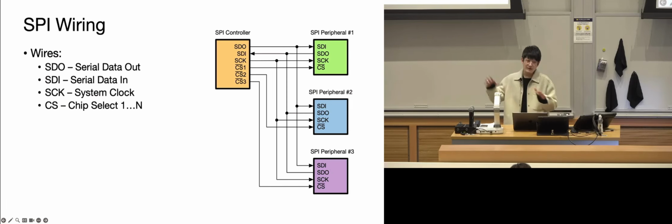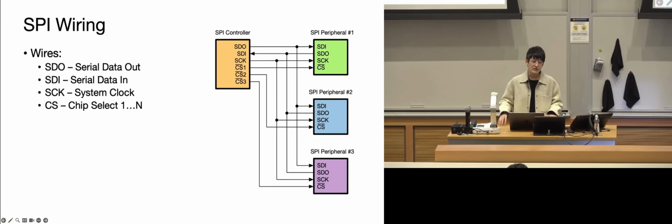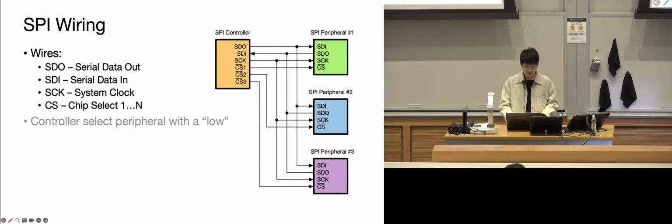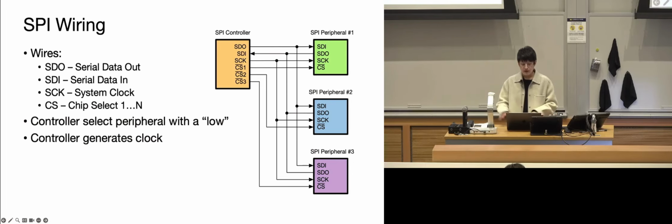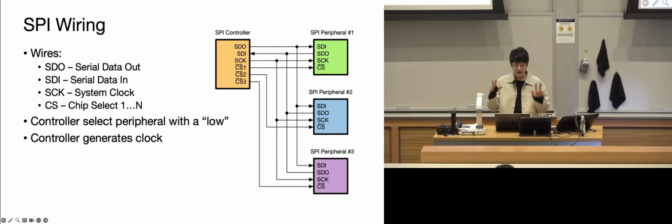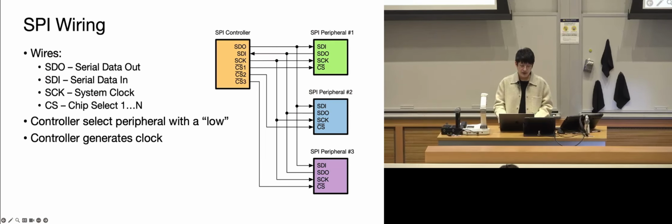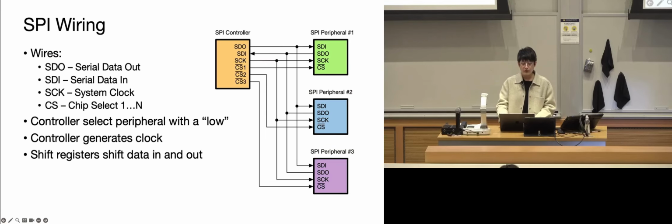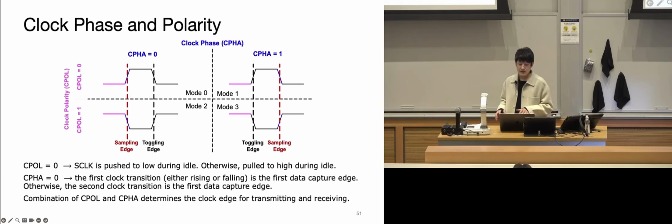And every time we talk about how many wires you need for the communication, we don't count the power and the ground. Also, the chip select pin is flipped: when it's low, it's actually active. So it's active low, so to speak. And the controller will be the one who generates the clock. And this is the clock phase and polarity.